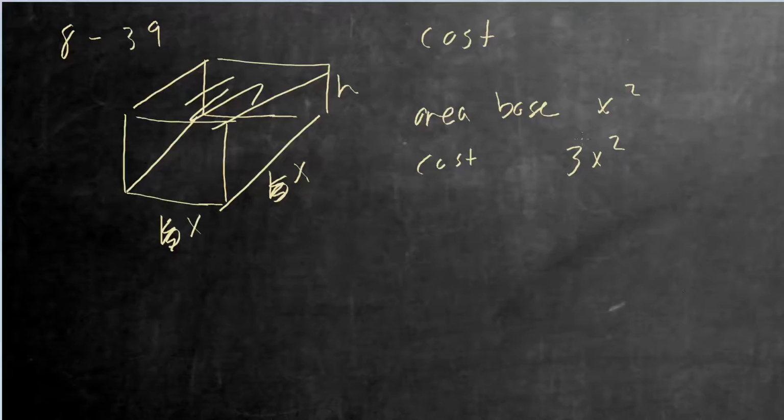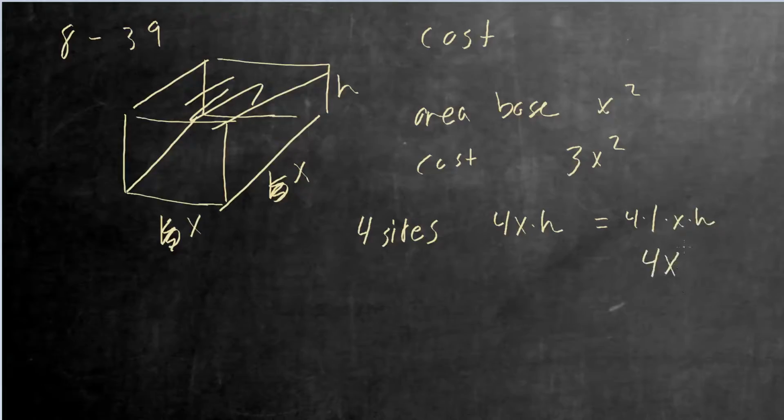Express the cost of the sides in terms of x and h. So we have 4 sides, which because of the square base are each x times h, and they are $1 per square foot. So it's really 4 times 1 times xh, but let's just call that 4xh.